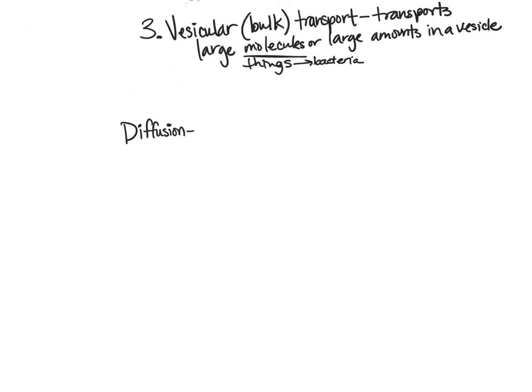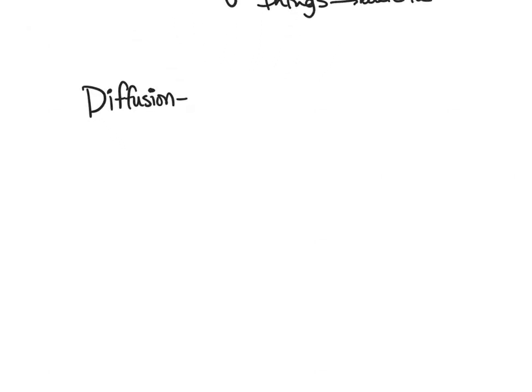This doesn't require any facilitating. And this is because we're talking about passive transport. So actually, let me open this up again just to remind us that we're talking about passive transport. And remember, passive transport means no energy. So no energy is required.